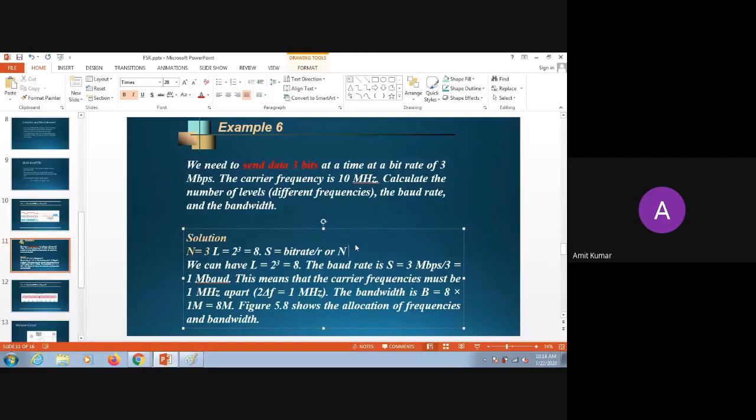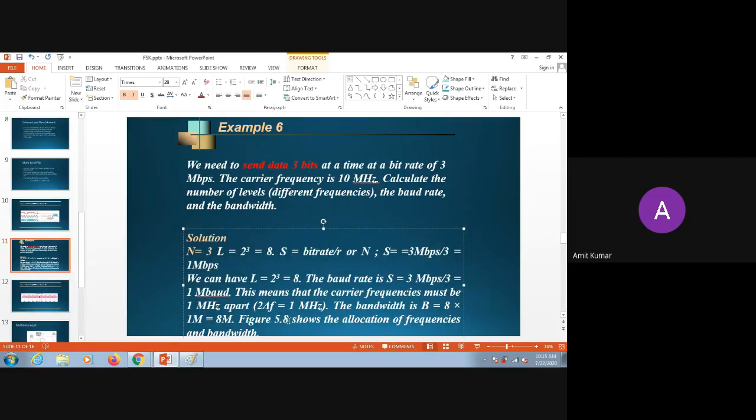Normally in the Forouzan book, they are using R as the number of bits. So here it is 3. So it can be calculated as 3 Mbps divided by 3. So this will be 1 Mbps. The other things are not required. If you want to skip these parts, you can skip.